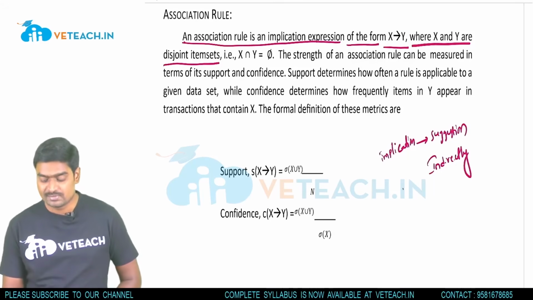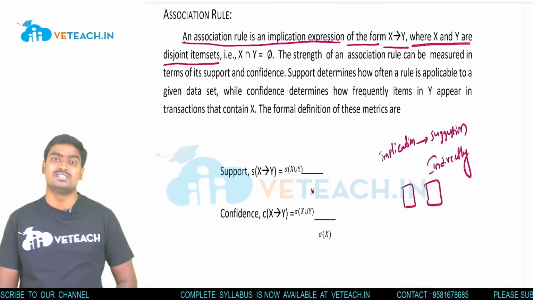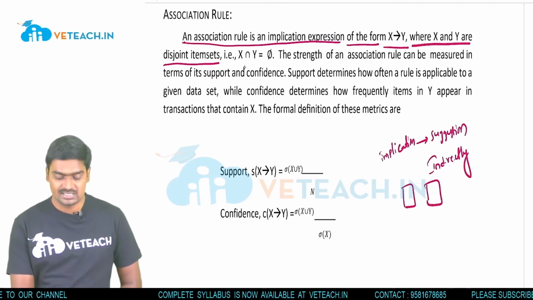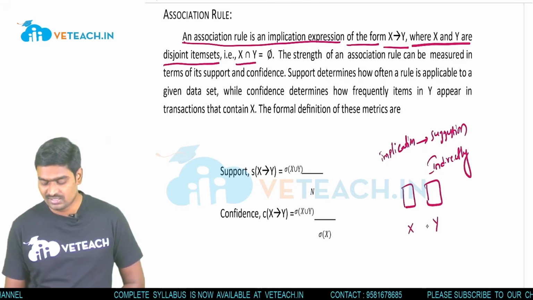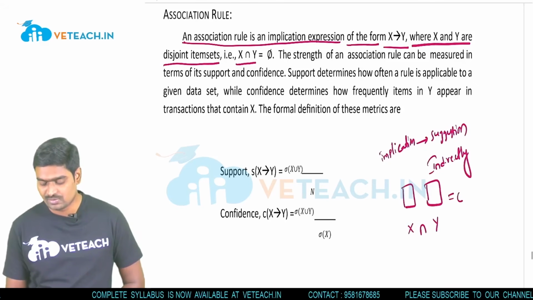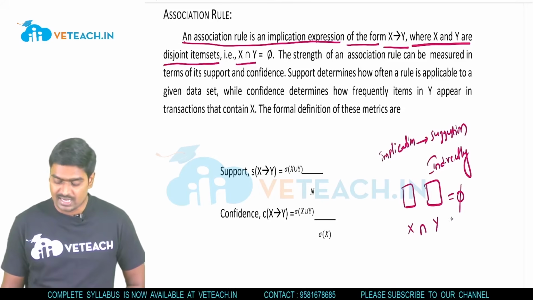These are two different item sets, and X intersection Y is equal to phi, the null set.